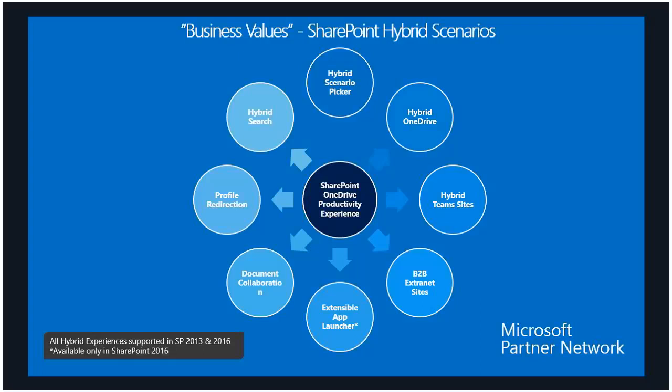Today we will give you some information about this, but I'm not going to go into more detail. We will have dedicated sessions to talk about exactly how to build the hybrid scenarios here.